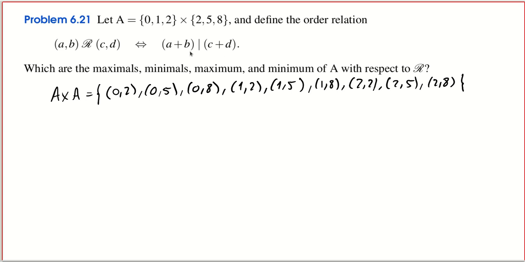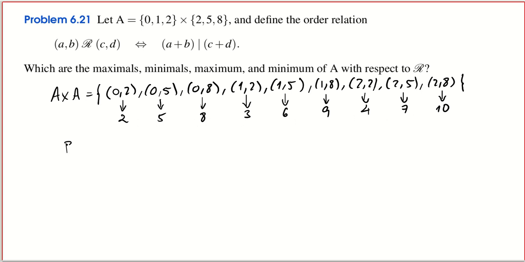And we're going to need the sums to compare them, so let's calculate the sums. This is 2, this is 5, this is 8, this is 3, this is 6, this is 9, this is 4, this is 7, and this is 10. And as you can see here, all these elements are different.